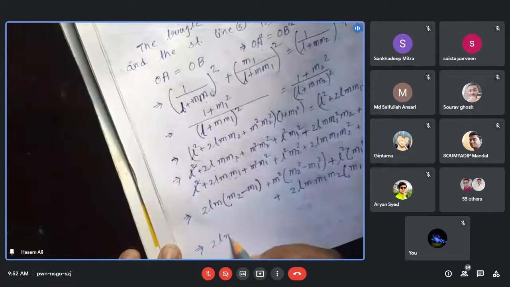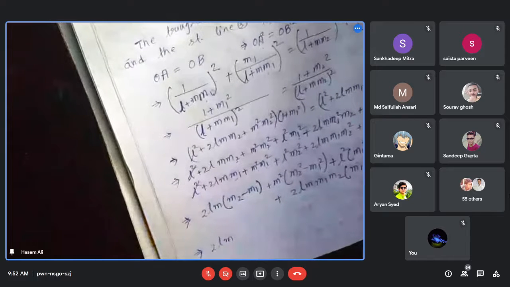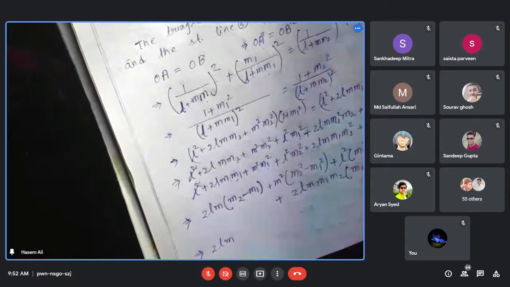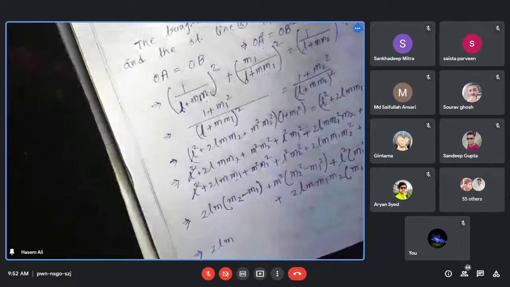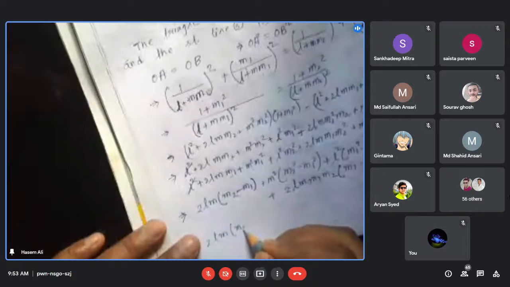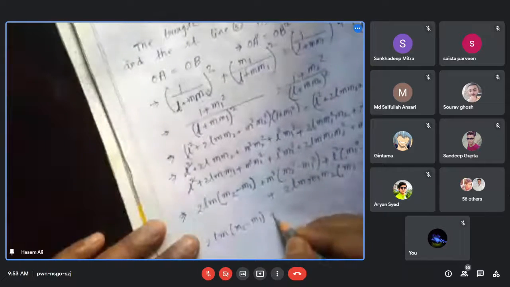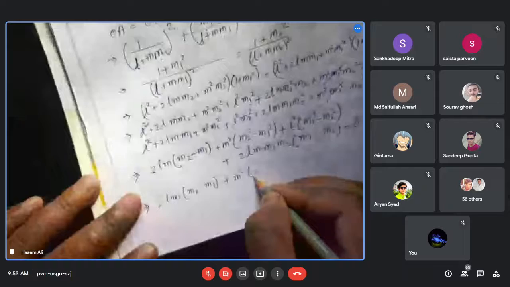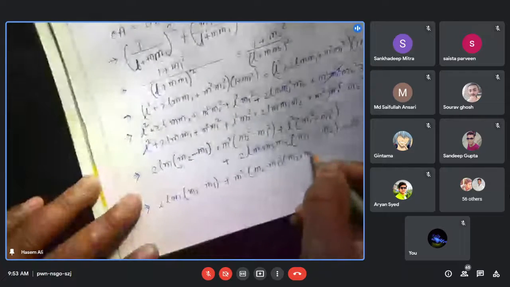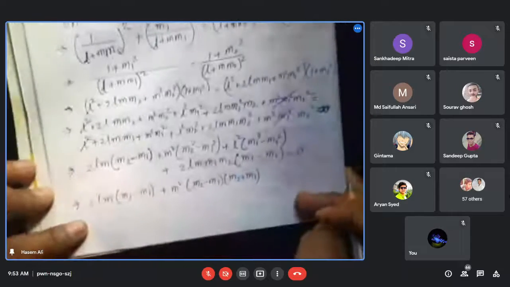Now 2L m into m2 minus m1, m square into m2 minus m1, m2 plus m1. Okay.